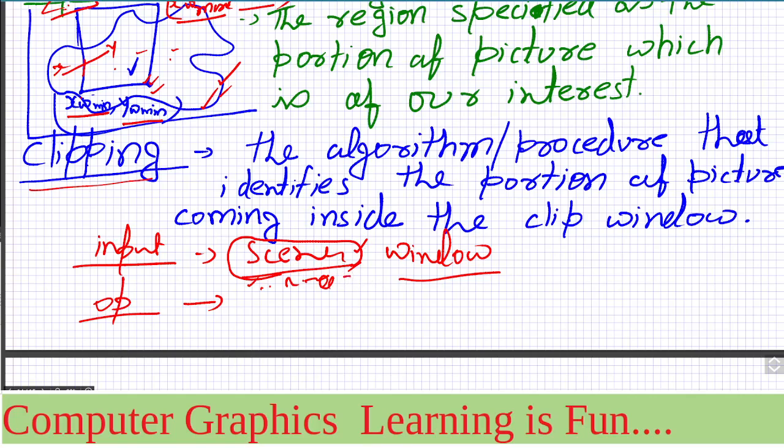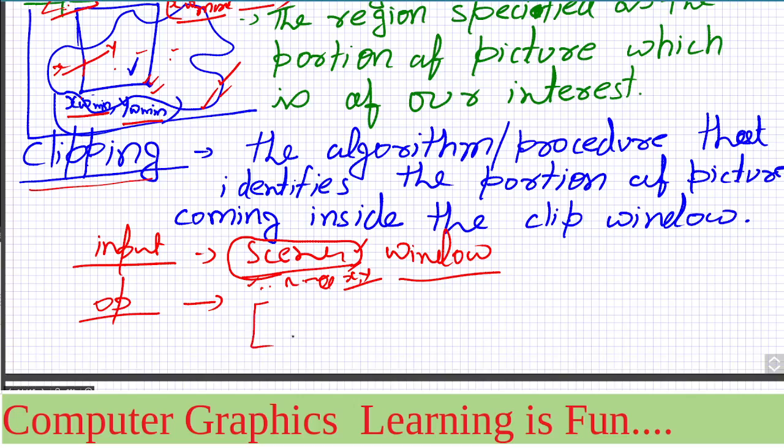One of the lines was P1P2. In the output, you may have a list of lines. One of the lines will be, let me call it P1' P2. This is a line.